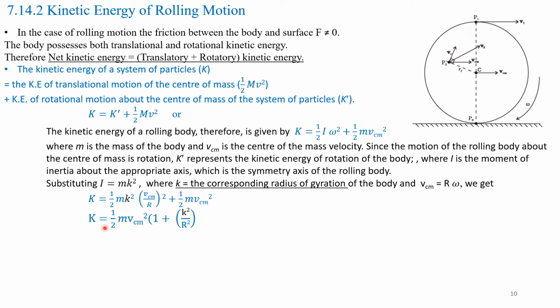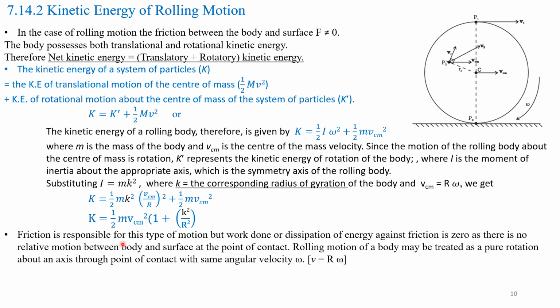Therefore, capital K is equal to half M VCM square into 1 plus k square by R square. Please note this small k is the radius of gyration. For clarification, it is given in black color. Capital K is the kinetic energy.